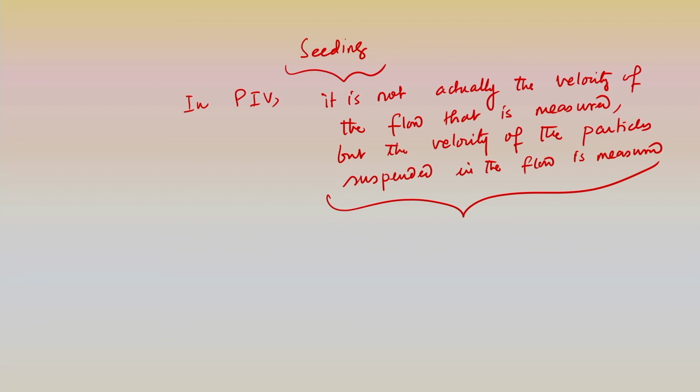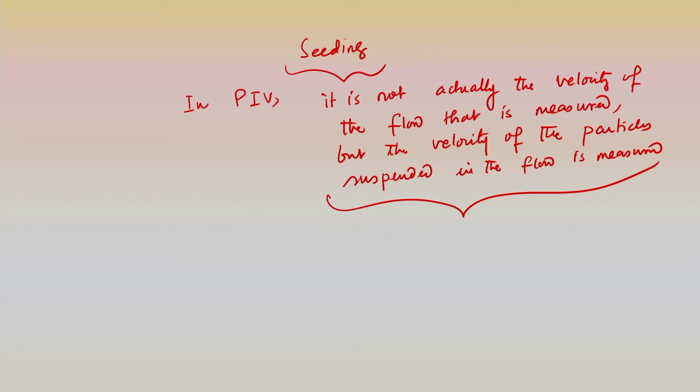So we are measuring the velocity of the particles, and by measuring the velocity of the particle we are trying to predict the velocity of the flow.